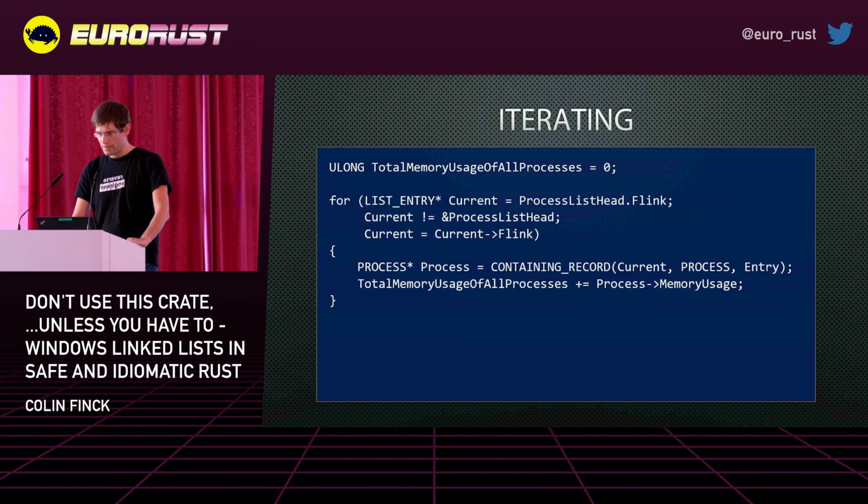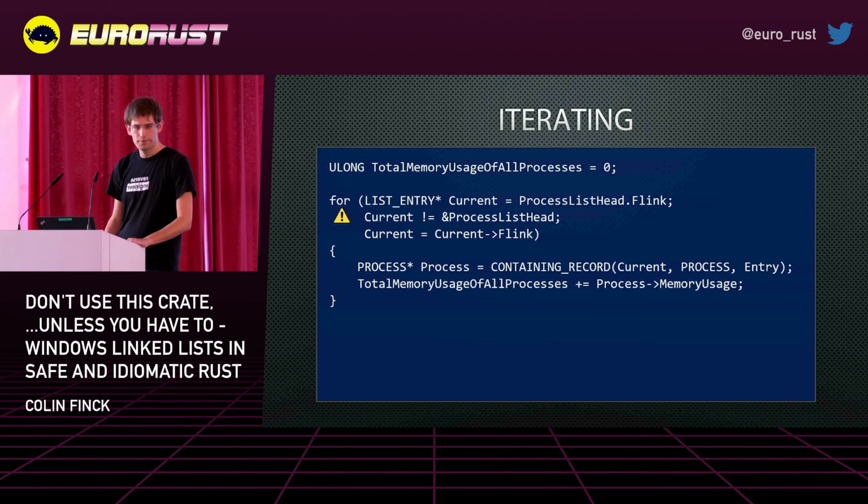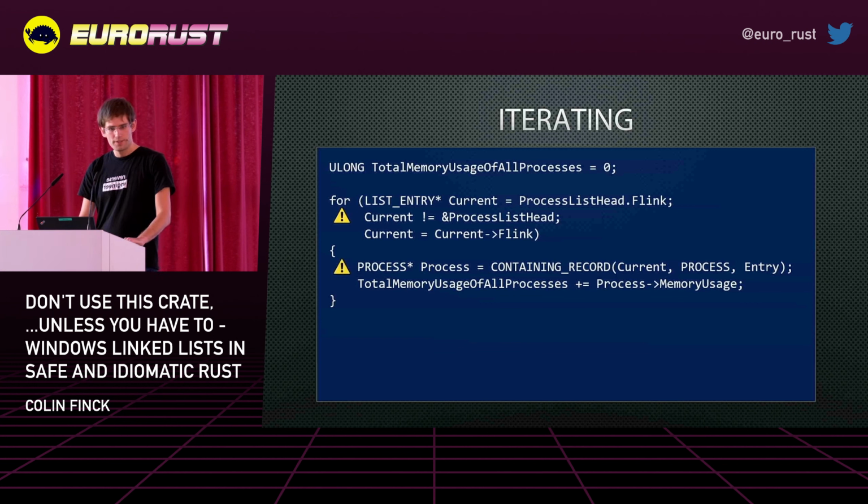And there's a lot that can go wrong here. So first of all, we have to get the exit condition right. We have to check for the address of the head element, not for null. And we also have to get the parameters to the containing record macro right. As this is a macro that is not checked, you can basically put any kind of parameters into it, and you can also get quite different output out of it.